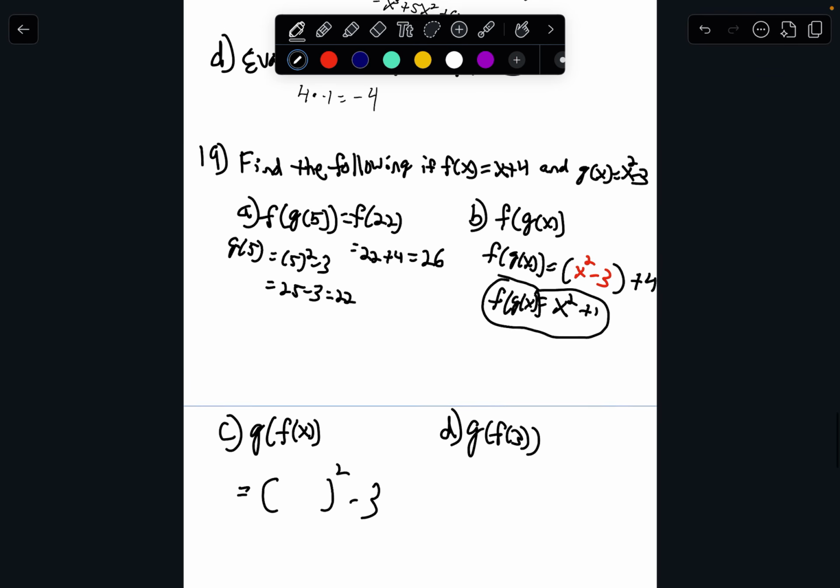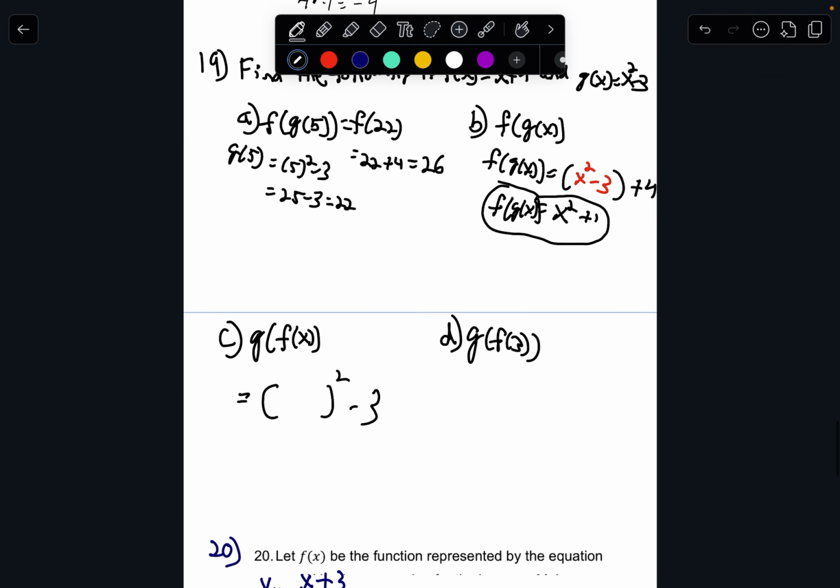Well, f is x plus 4. So g of f of x is just x plus 4 quantity squared minus 3. All right? I would argue just leave it, because it'll be easy, because they want you to now evaluate that on part D.